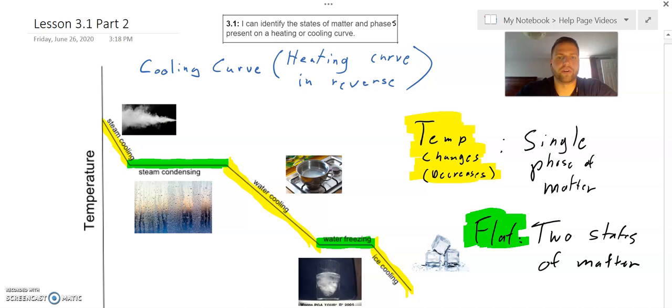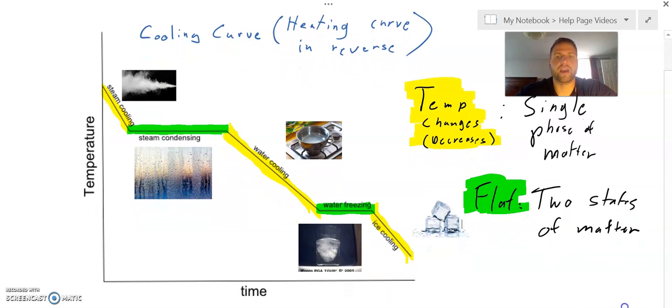Let's now label our critical temperatures on the graph and really talk about what's going on in each section. So remember, steam boils or condenses at 100 degrees Celsius. So we'll even label boil / condense.